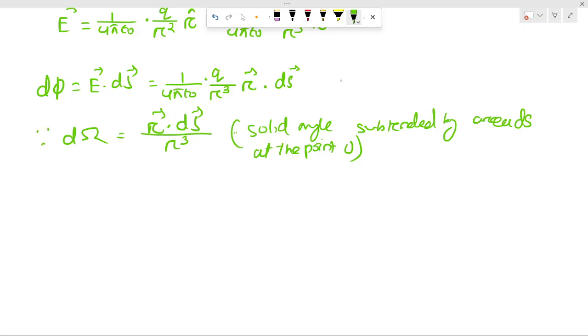So I can write the final expression as d phi is equal to q upon 4 pi epsilon naught into d omega, isn't it? Yes. Give it equation number 1.